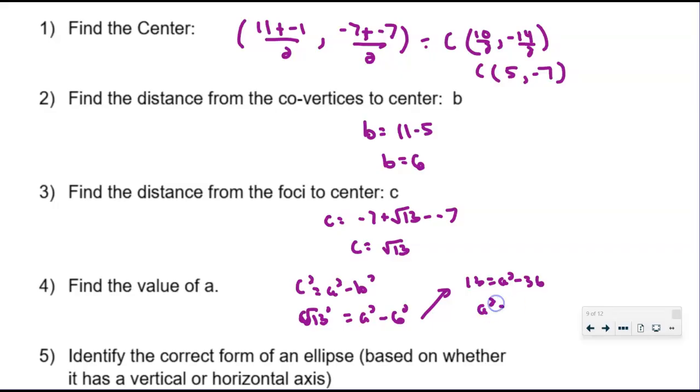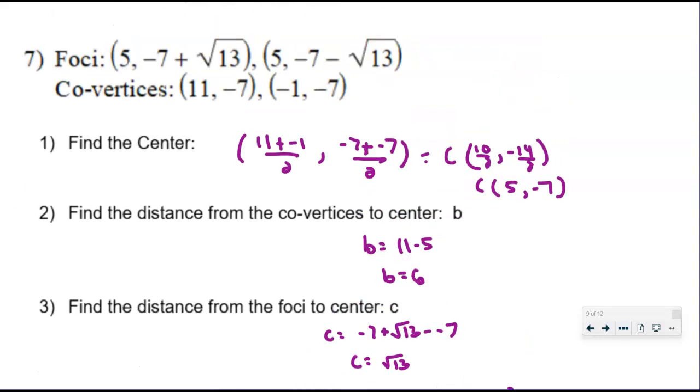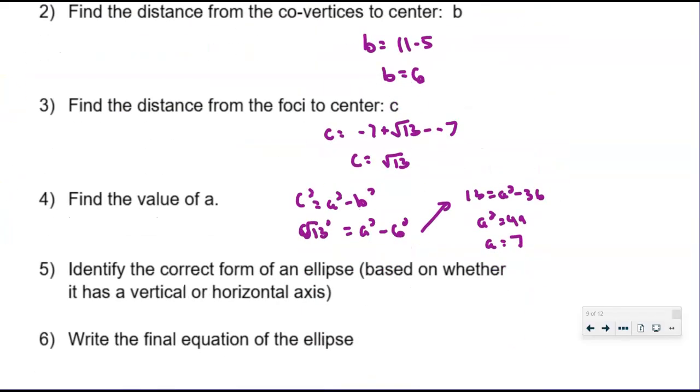So we do get A squared to be 49, which means that A is 7. Okay, so we know that information. Now we just have to figure out what type of axis we have. In this case, if I look at the co-vertices, the y values are changing for the vertices, which means that we have a vertical axis in this case.